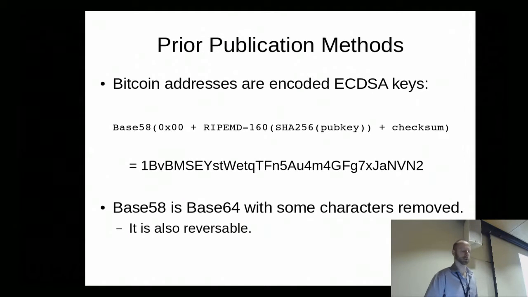First SHA-256 and then RIPEMD-160. You prepend a 0 byte and then you append some checksum, which doesn't really matter in this context. Then you base 58 encode it all to get that string in the middle. Base 58 is basically base 64 with some of the characters removed. The punchline is that base 58 is reversible just like base 64.